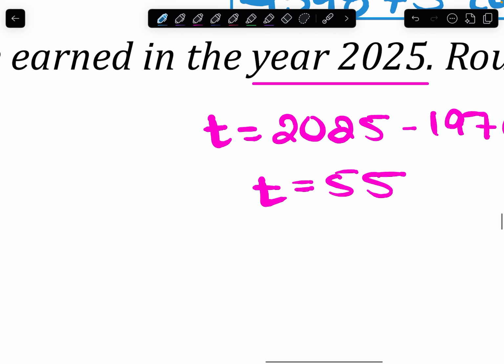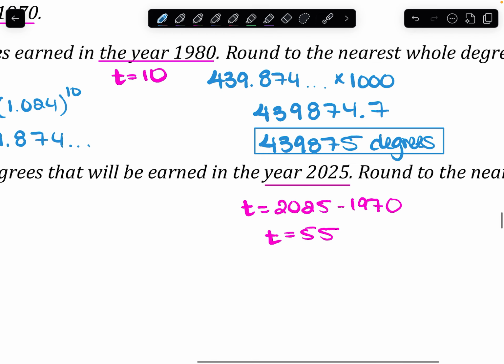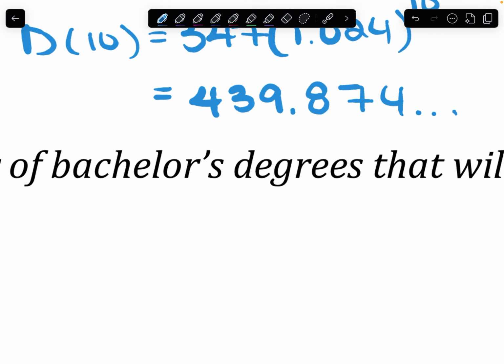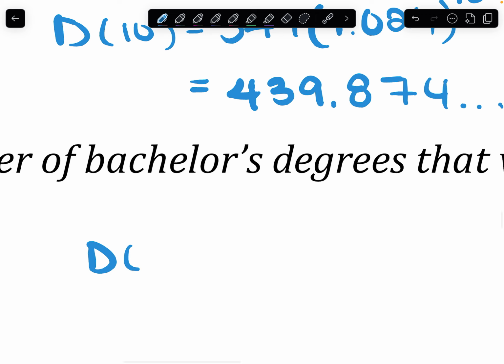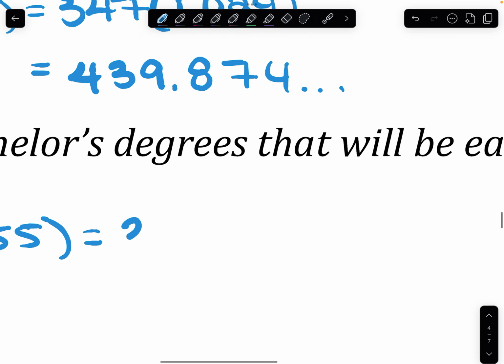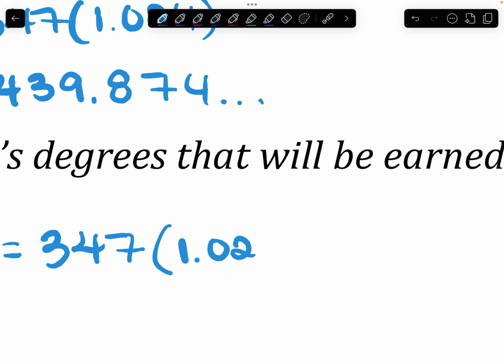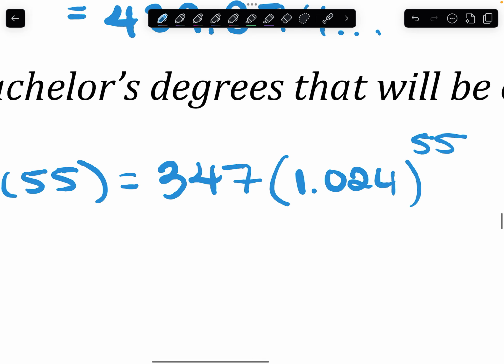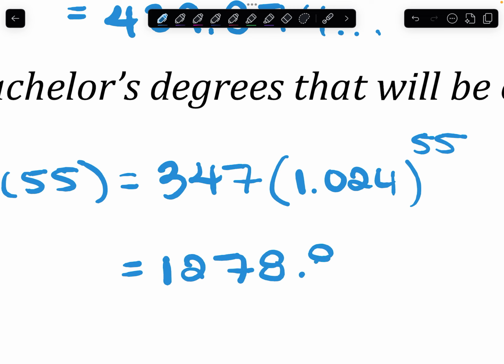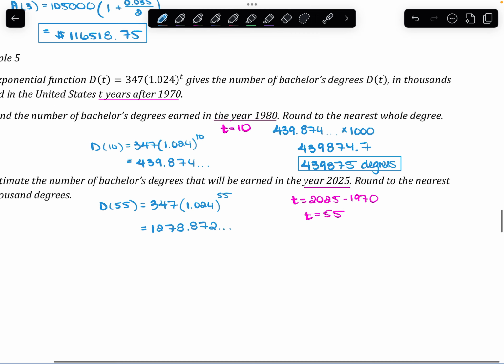So we're doing D of 55. 347 times 1.024 to the now 55. And again, I'm going to write down what the calculator gives me, and then we'll go over how to answer. 1278.872 and some stuff.